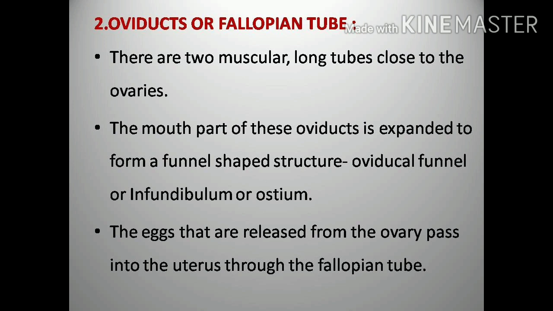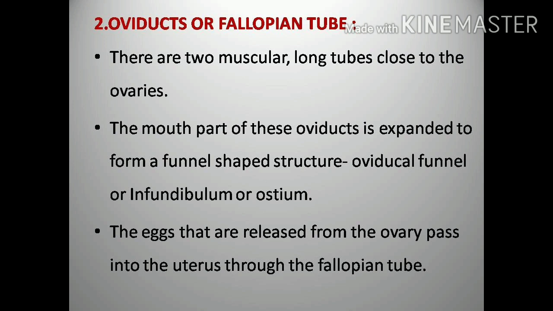And what is the main function of this oviduct or fallopian tube? The eggs that are released from the ovary pass into the uterus through the fallopian tube. This fallopian tube or oviduct is a connection between the ovary and uterus.